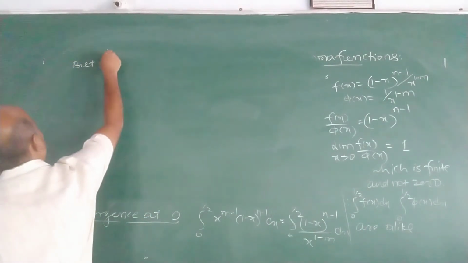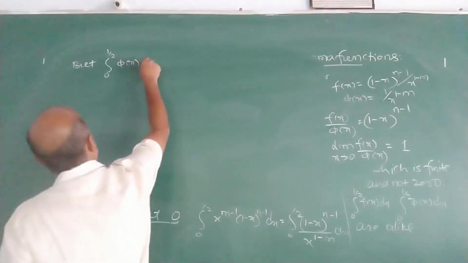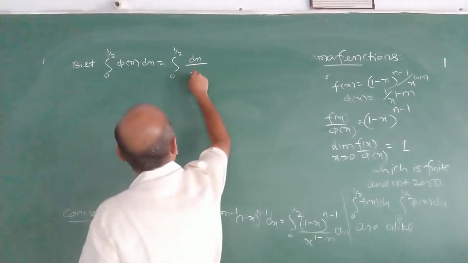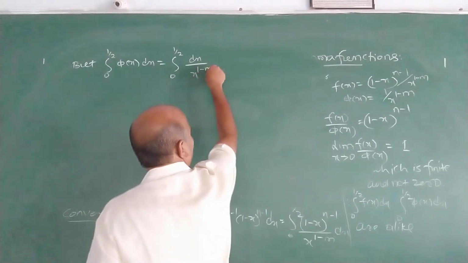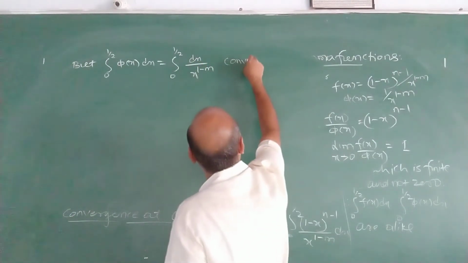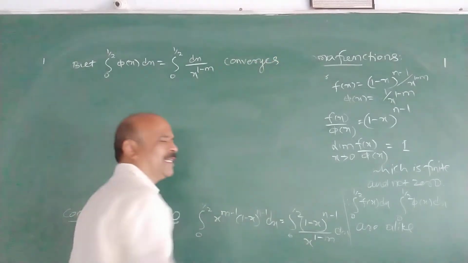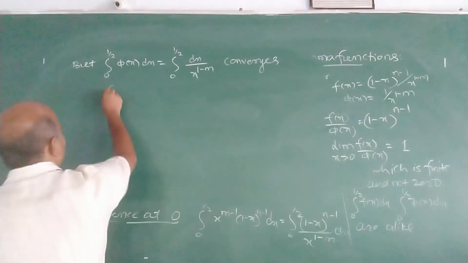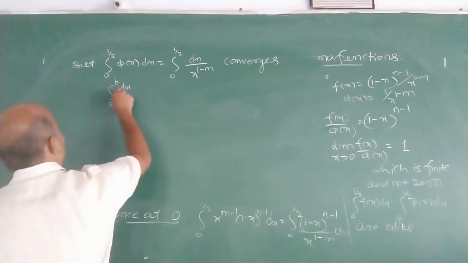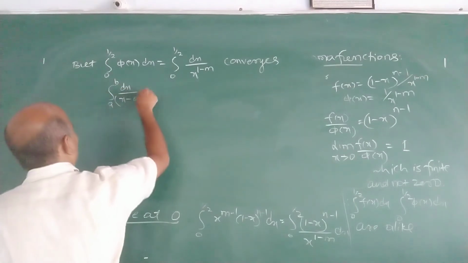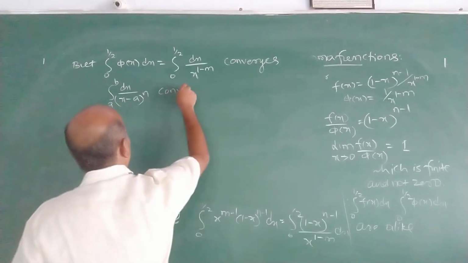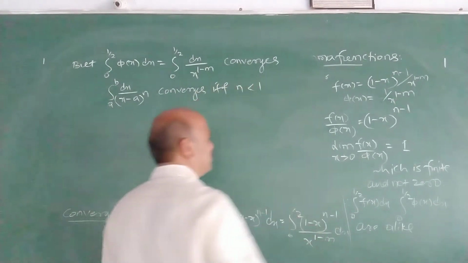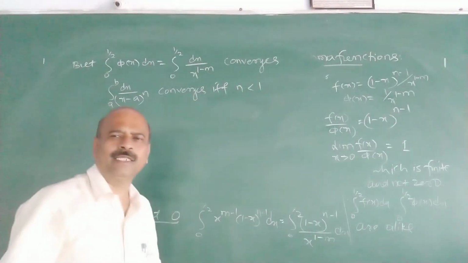But the integral from 0 to half of phi(x) dx is the integral from 0 to half of dx upon x^(1-m). When it converges, we use a standard integral for convergence. What is the standard integral? The integral from a to b of dx by (x-a)^n converges if and only if n is less than 1.